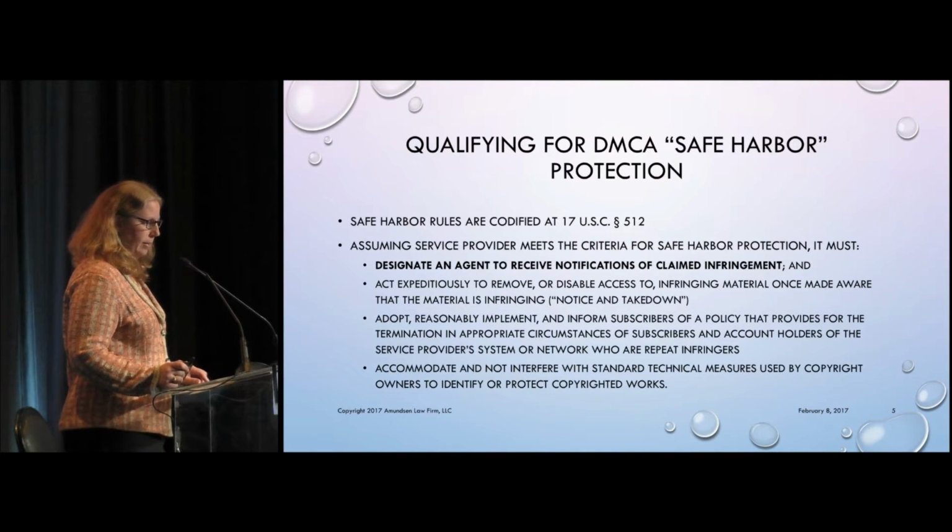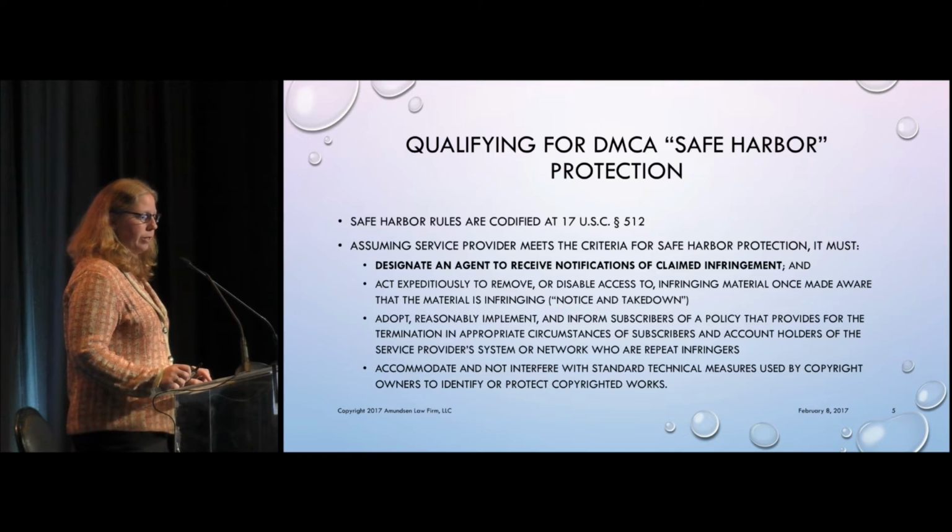So the DMCA rules, the safe harbor rules, are codified at 17 U.S. Code Section 512. And I have listed the main criteria here. The first one is that you need to designate an agent to receive notifications of claimed infringement, and that's kind of where the news section of this comes in.